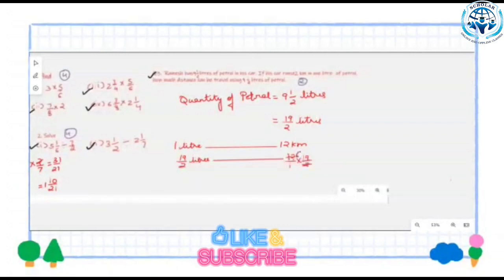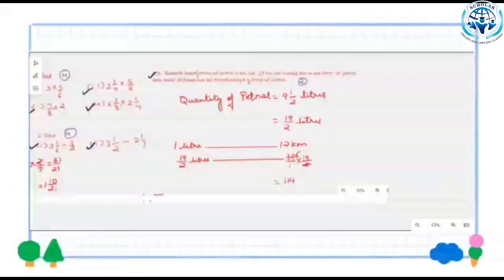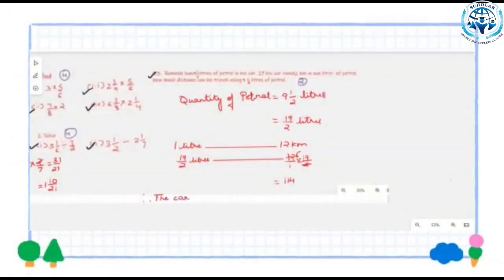Very easy. It is equal to 114 kilometers. The car covers a distance of 114 kilometers in 9 1 by 2, that means 9.5 liters. It is essential to write the language in story sums to get full marks.